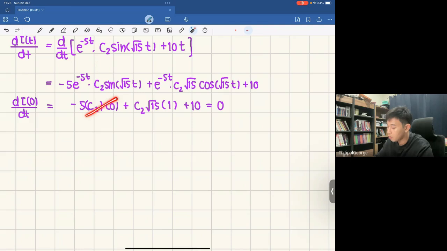So this term is 0, and we get square root of 15 c2, so c2 is going to be negative 10 over square root of 15.